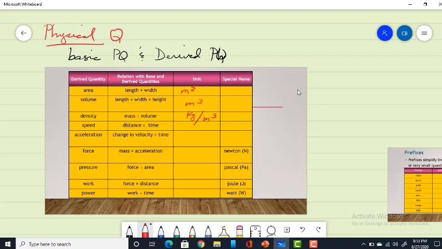For speed, distance over time, the unit is meter per second.